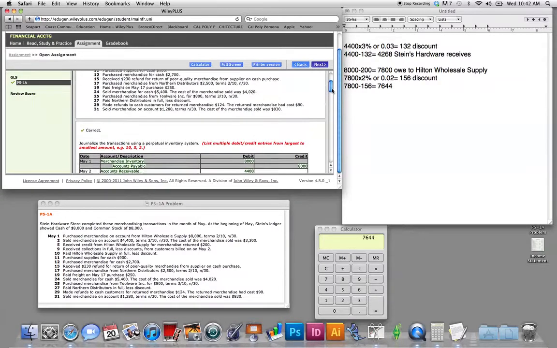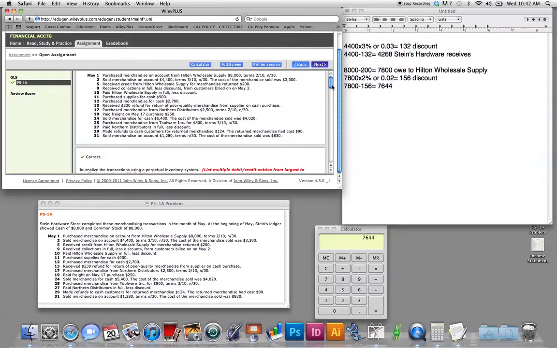Okay, now let's go to our next transaction, which is on May 11th. We purchased supplies for cash for $900. So we purchased supplies, so that's one keyword, and for cash. Instead of on an account like we did May 1st, we're purchasing this for cash.